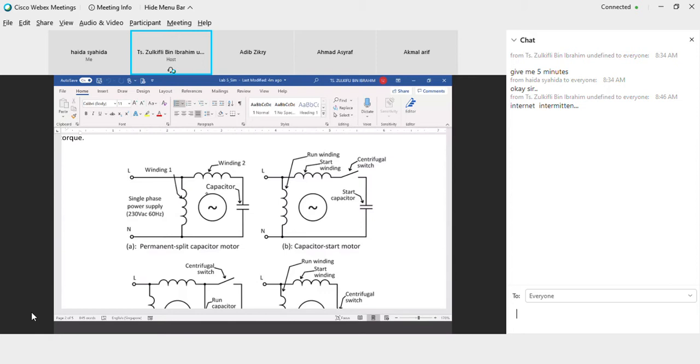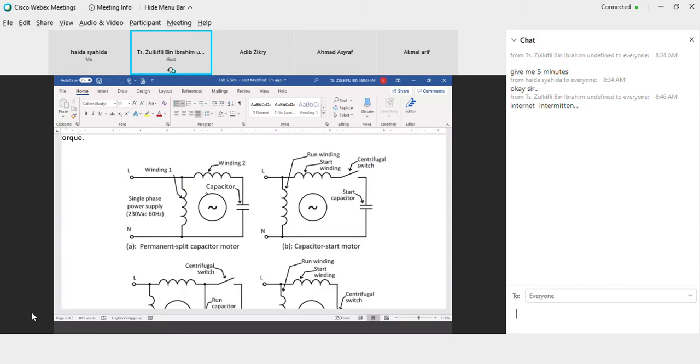So secara kasarnya, in general, the single phase machine ni sebenarnya kita boleh panggil sebagai two phase machine. It's a two phase machine. It has a two phase winding, tapi macam three phase winding, you have the phase shift tu by 120 degree kan.